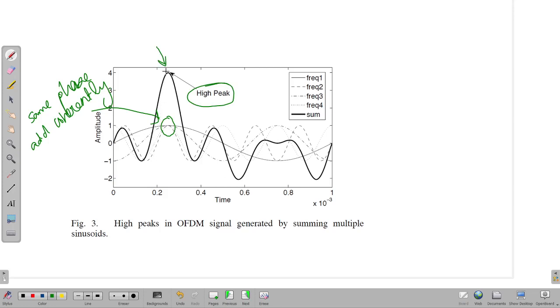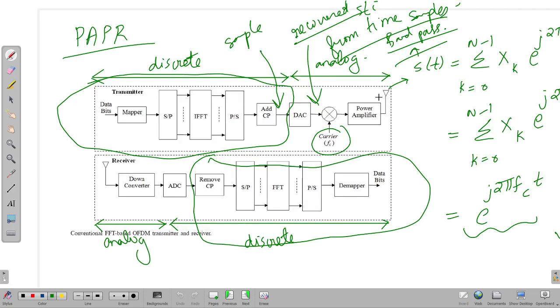So is there any issue when you have high peaks? Yes, because when you have high peaks in your signal, you have a device called a power amplifier here. That is the device which is kept just before the transmitting antenna. You take any communication system, you will have this power amplifier just before the transmitting antenna. This incoming signal is coming to the power amplifier, and the power amplifier has a linear region of operation.